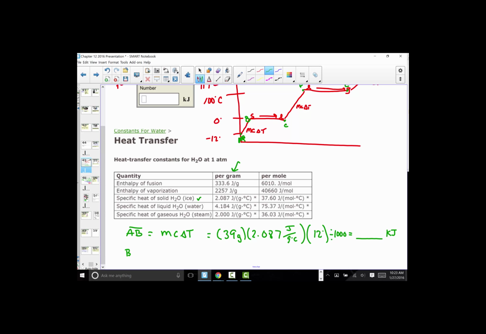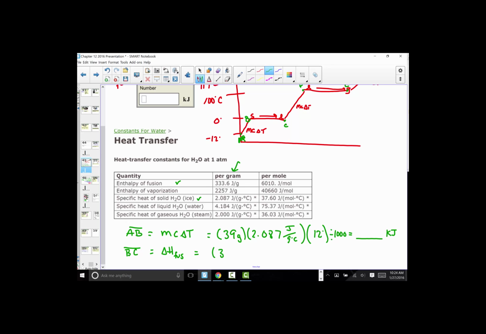In line segment BC, we undergo a phase change from the solid melting. So we know that the delta H of fusion is what we need here. And the delta H of fusion is given to us right here in the first line. Again, I'm going to grab it in a gram unit to be sure that we have like units.